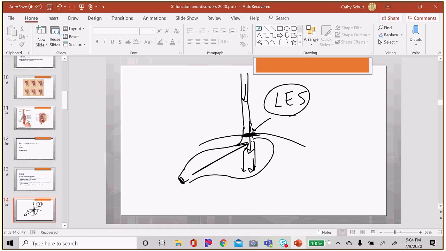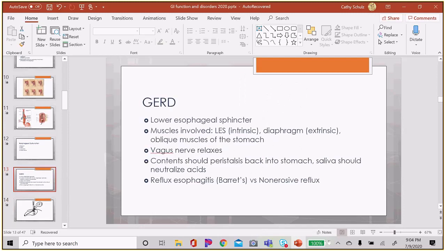If this sphincter is weak, then when these sphincters are supposed to be closed and the muscle contracts and pushes the food back against the sphincter, then food can come up into the esophagus mixed with acid, which will burn the esophagus.